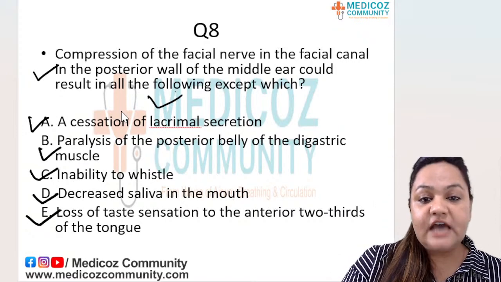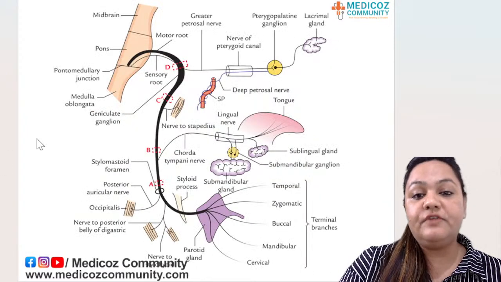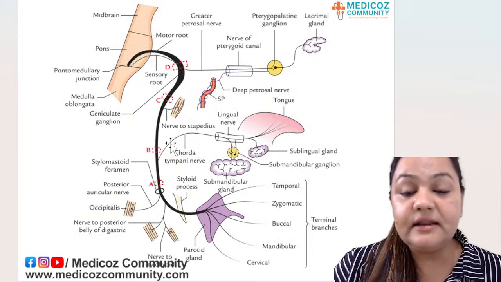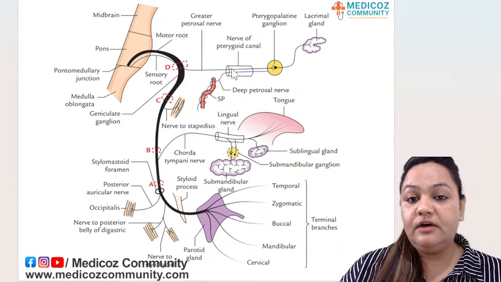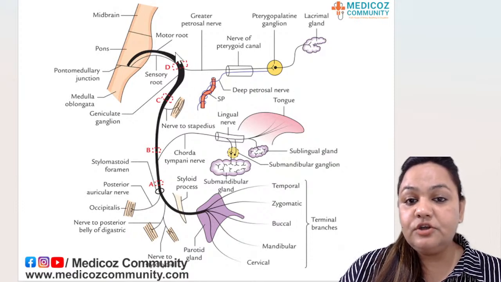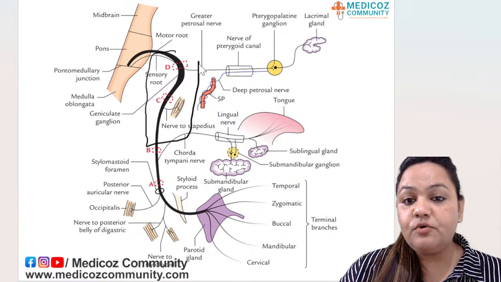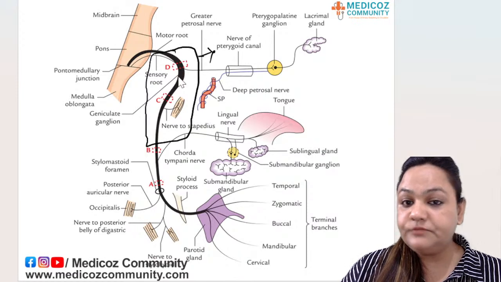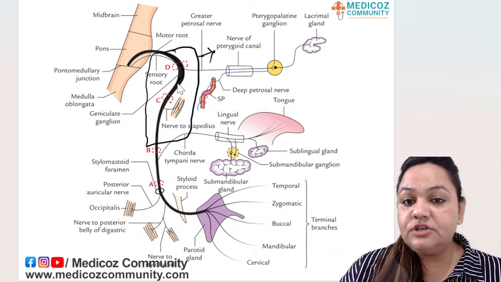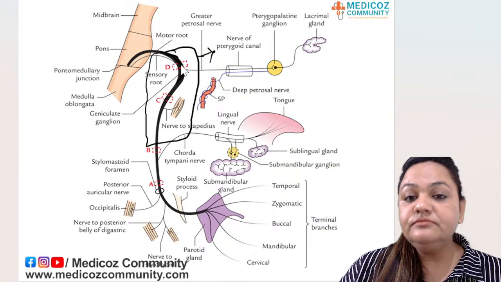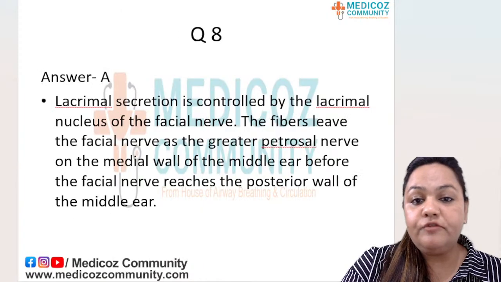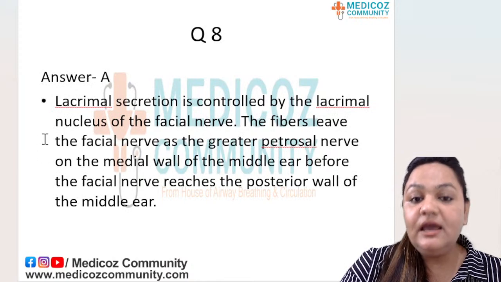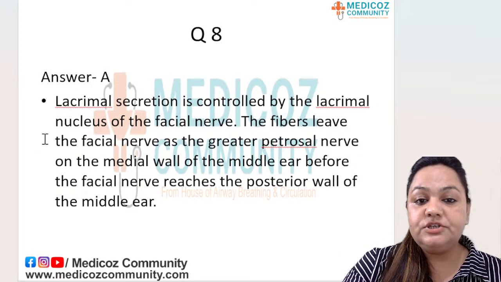For that, we just have to look into the course of the facial nerve. So here you can see the diagram which is showing the course of the facial nerve in the ear. This is the course of the facial nerve in the posterior and the medial wall of the middle ear. And here you can see the explanation for this question.